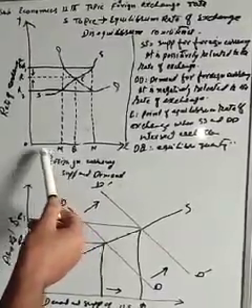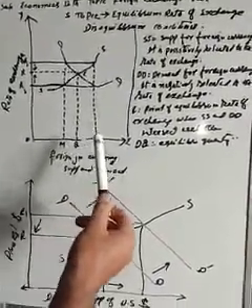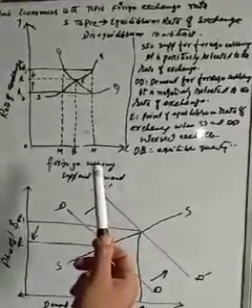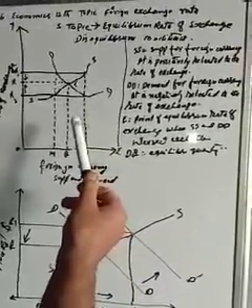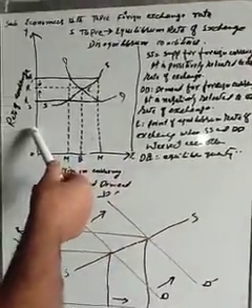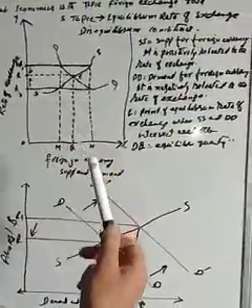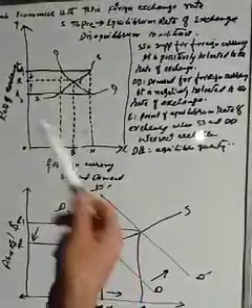That means from OM to ON, supply will exceed demand. Demand being less than supply, the rate of exchange will fall again to OR. The rate of exchange will therefore be determined at a point where demand for and supply of foreign currency are equal.